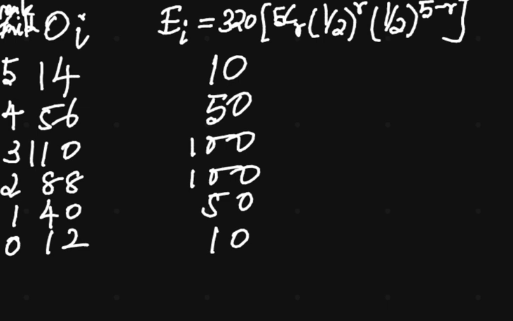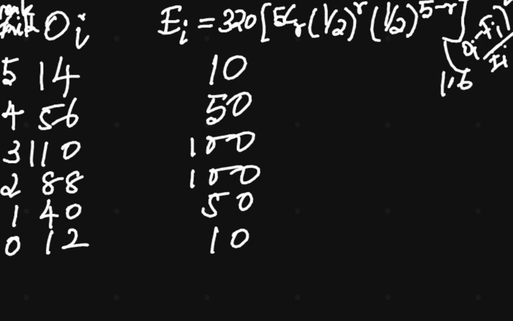Then what do we have to find out? Another column, that is (Oi minus Ei) whole square divided by Ei. As usual, that is 14 minus 10, which is 4 square divided by 10, which is 1.6.